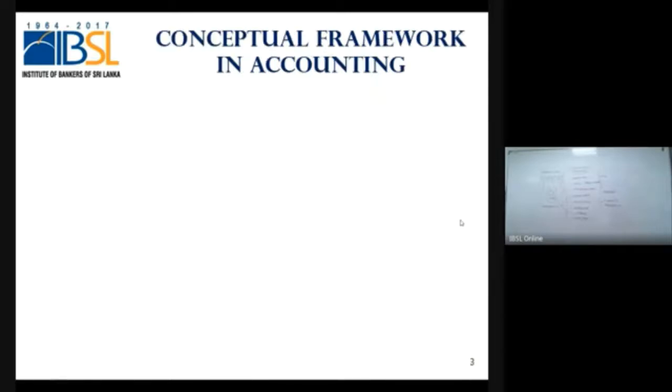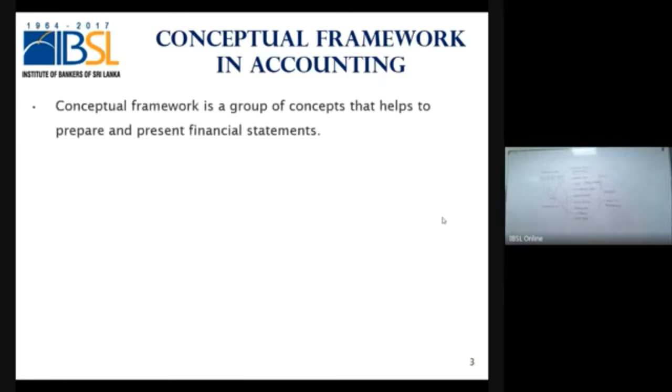Right. So I have been talking about a framework. Now what is this framework? We call it a conceptual framework. A conceptual framework is a group of concepts, which we will learn next week probably, that helps to prepare and present financial statements.